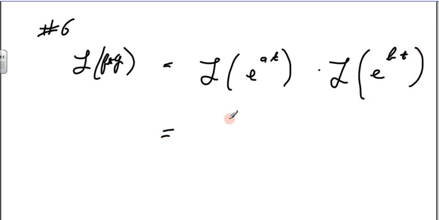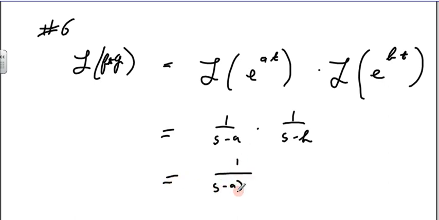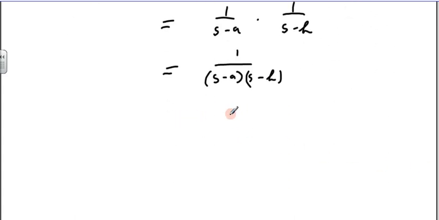So we're going to have 1 over s minus a times 1 over s minus b, which is going to be 1 over (s minus a)(s minus b). And we see that that's number 12.